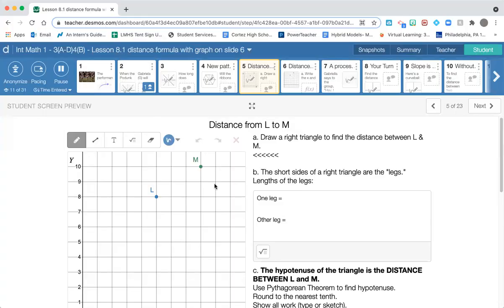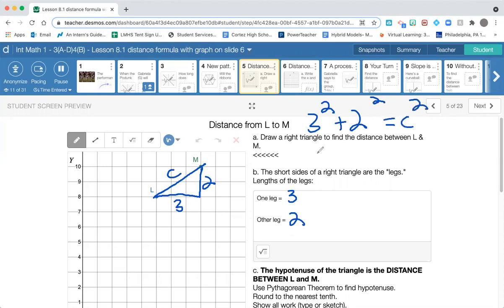So here we're trying to find the distance from L to M. We could definitely make a right triangle, no problem there. One of the legs is 3, the other leg is 2. L to M goes like that. We can find C. We take 3 squared, add 2 squared, and that should equal C squared. We could then take square roots of everything.